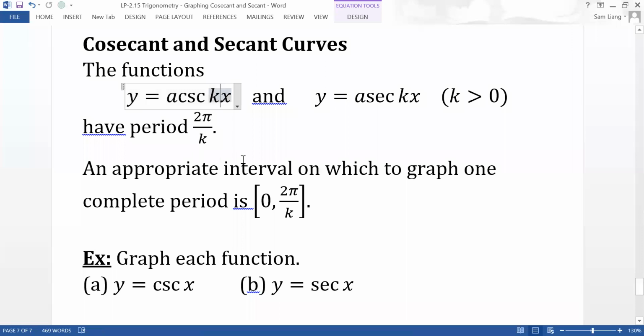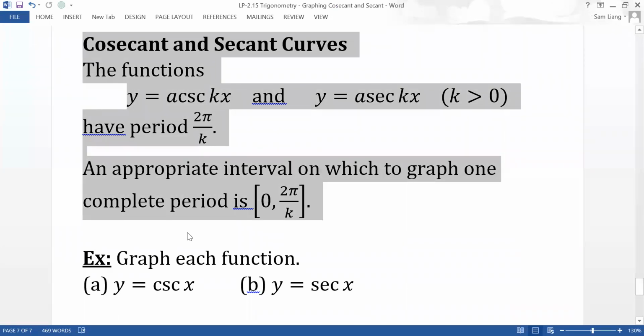An appropriate interval on which to graph one complete period is 0 to 2 pi over k inclusive. So it's the same as sine and cosine, which is a relief. You don't have to memorize anything else. Tangent and cotangent were different: tangent was negative pi over 2 to pi over 2, cotangent was 0 to pi. But cosecant and secant are the same as sine and cosine. So just copy this down, and then after that, we'll get to the graphs themselves of cosecant and secant.